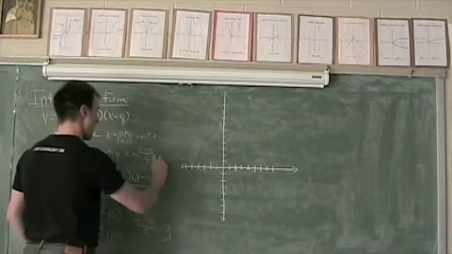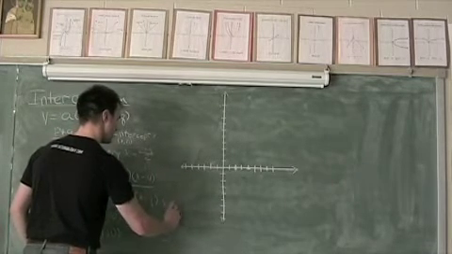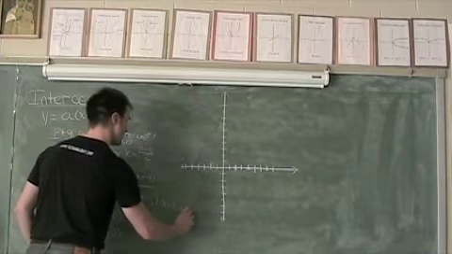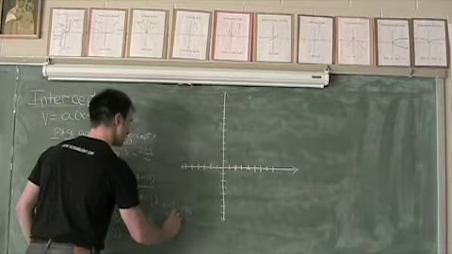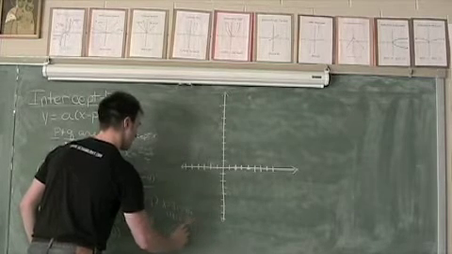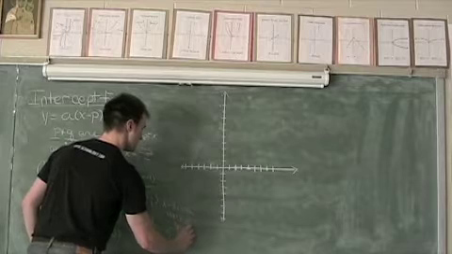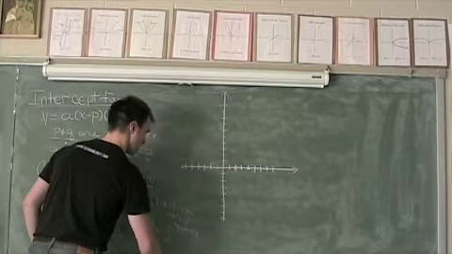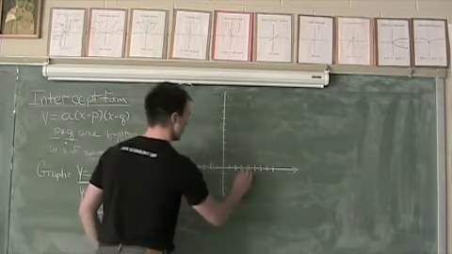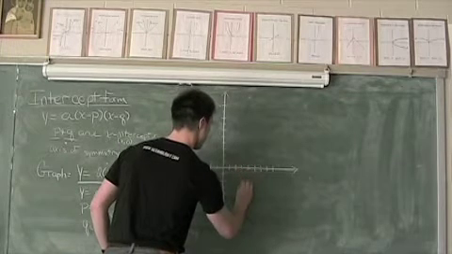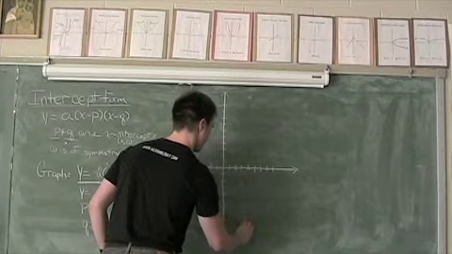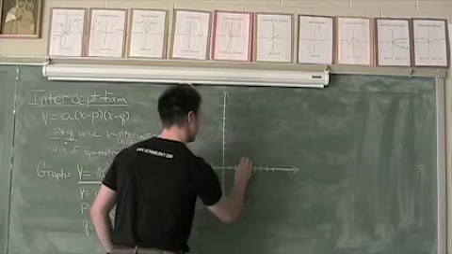So the line x equals 3 is the axis of symmetry. Okay, I'll draw that in right now. It's this vertical line here.